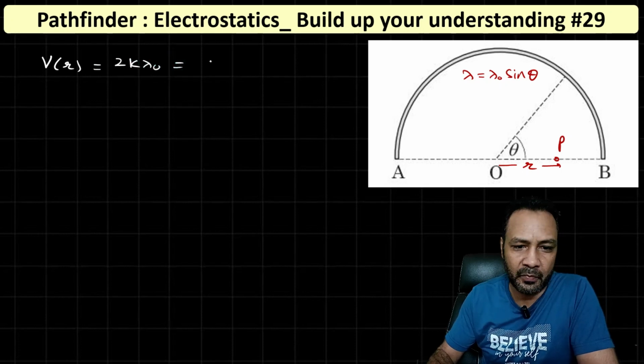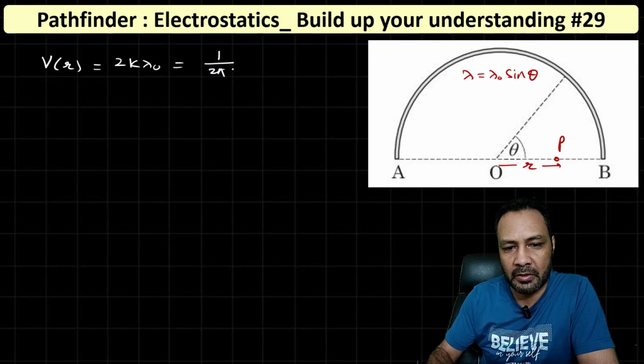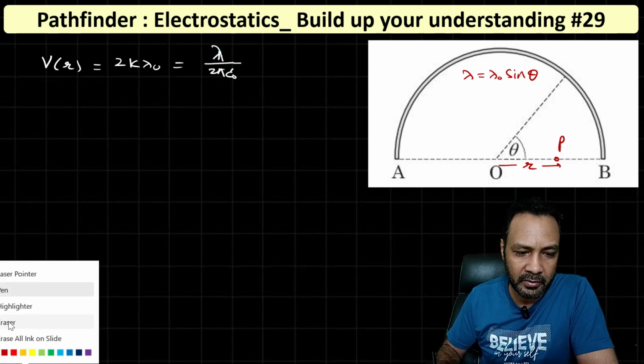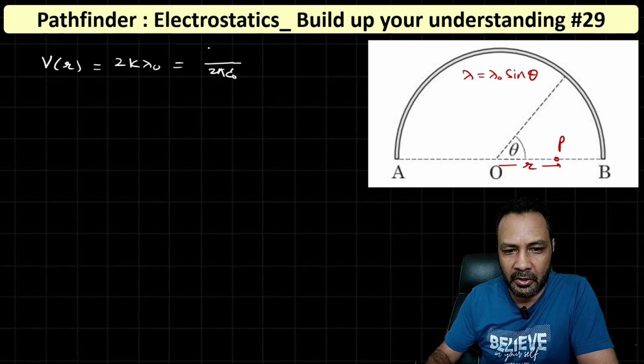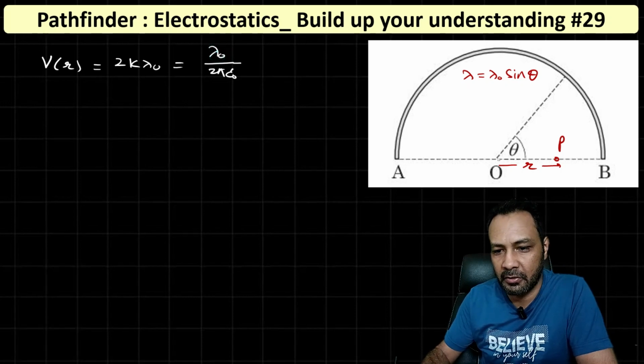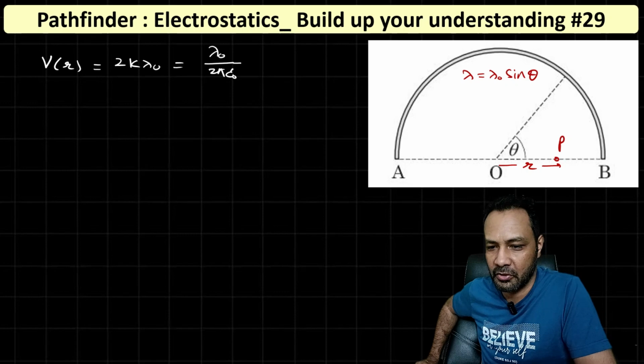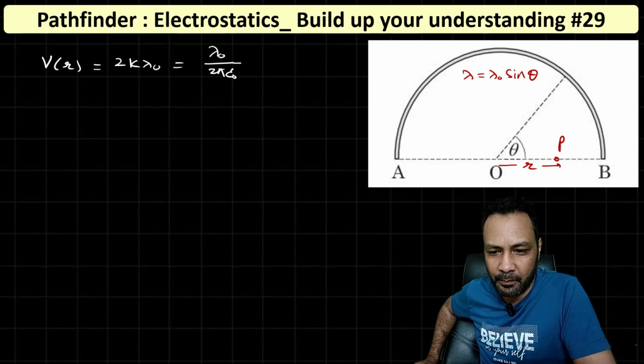It means it is 1 over 2 pi epsilon naught lambda naught, that's it. So it is a constant, meaning the ratio of the potential between center and any general point is 1, because the potential is same everywhere.